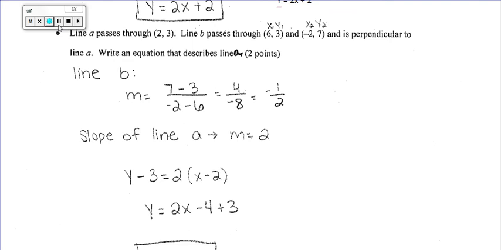So I'll put that work down so that you can see it. Here's the work for that. Again, substituting in the point 2, 3, and the slope of 2, and then solving for b. Once you have b, you just substitute m and b back into y equals mx plus b to come up with the equation of your line.